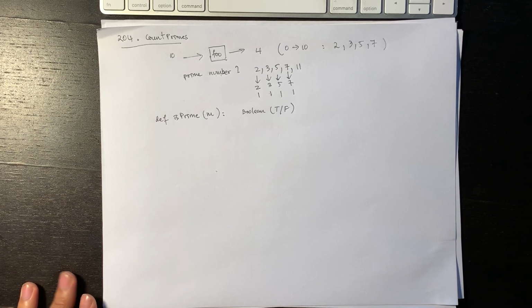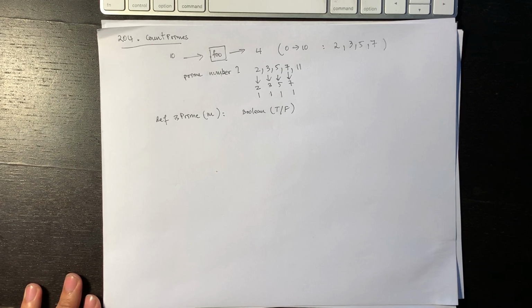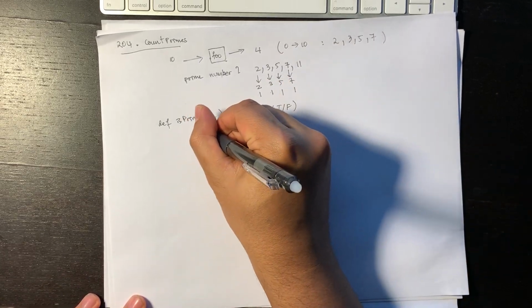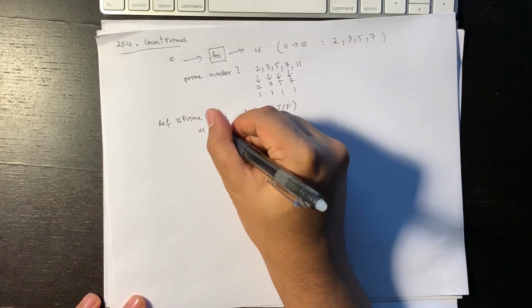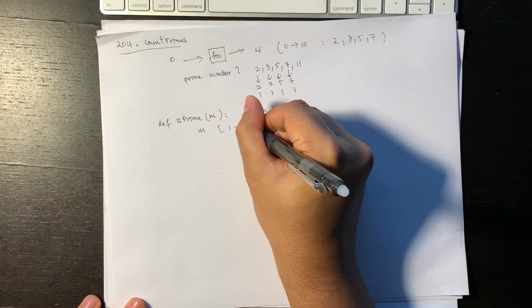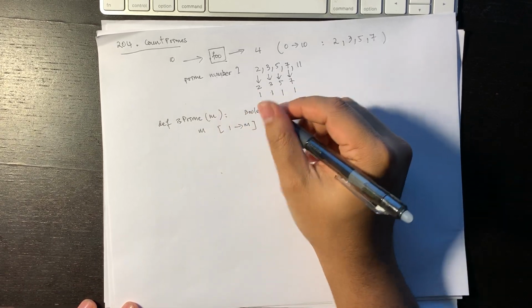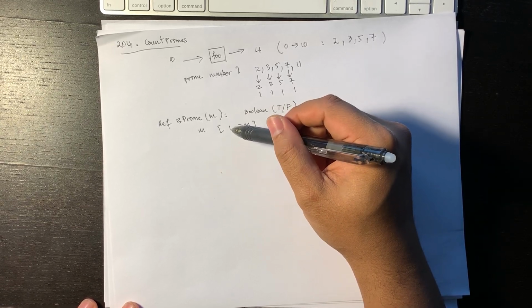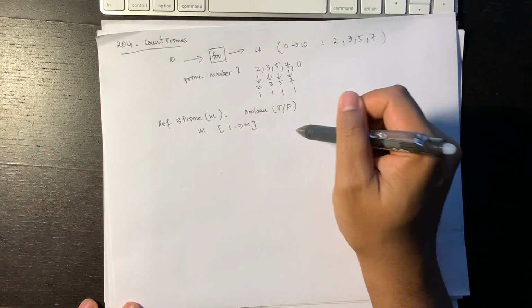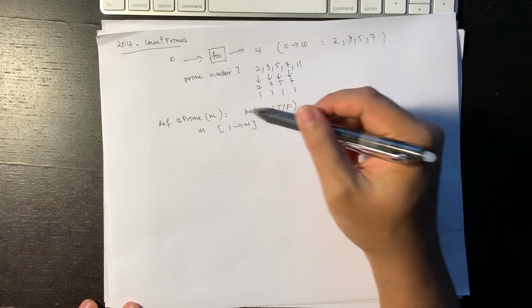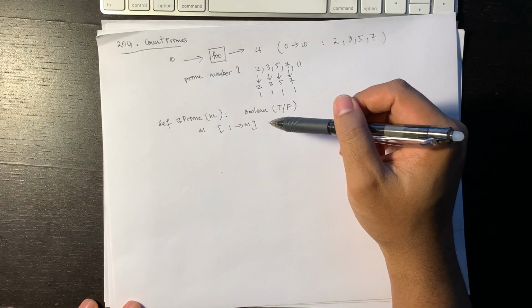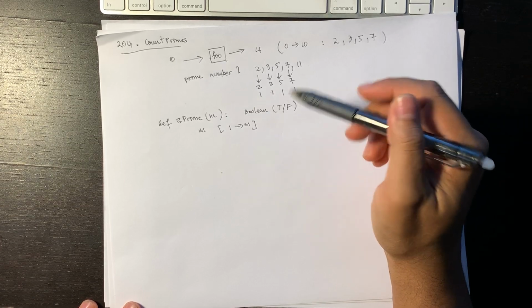There are some hints that I can look at. Should I look at them? The idea is, for example, if we have m, I want to divide it by values from 1 to m. If there is any value that divides m, it means that m is not a prime number.